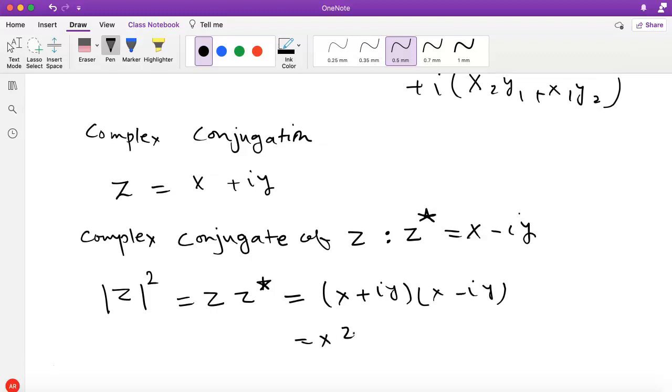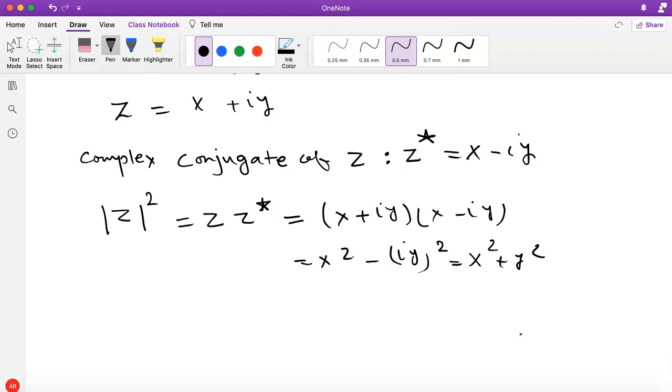So this becomes x squared minus i y squared. i squared is minus 1, which kills that minus sign. It becomes x squared plus y squared. So this is always a real non-negative number.